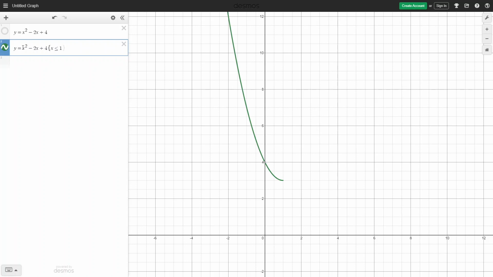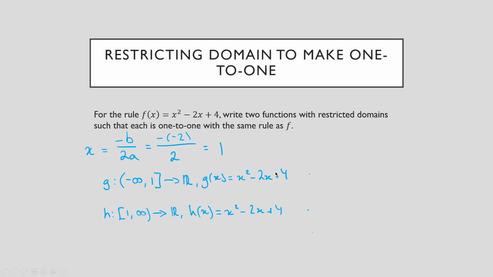And it gives me the left half. So that's the left half of the parabola, where the domain of this function that we've drawn is from negative infinity up to and including 1. That would correspond to this function here.